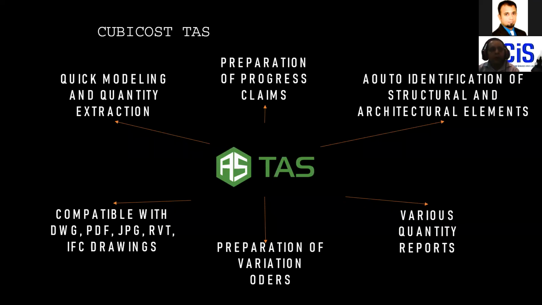If you take CubiCost TAS, it offers quick modeling and quantity extraction, and preparation of progress claims, which was recently added. That is, this year, a new function, preparation of progress claims. Then we have an auto identification function, and various quantity reports can be taken.